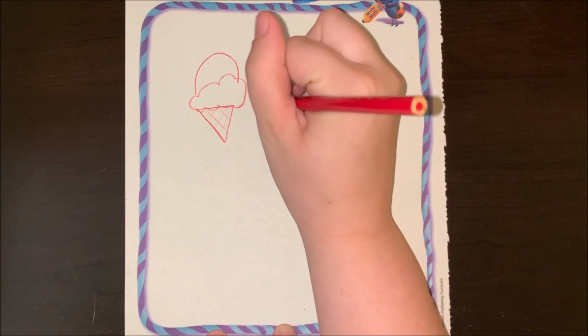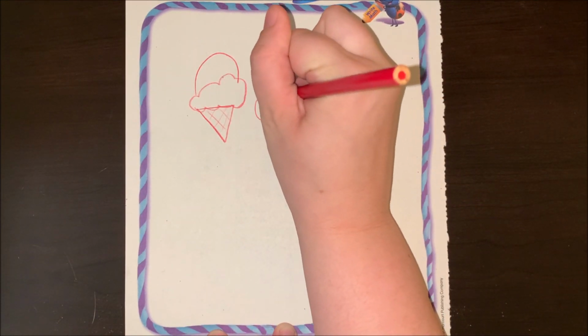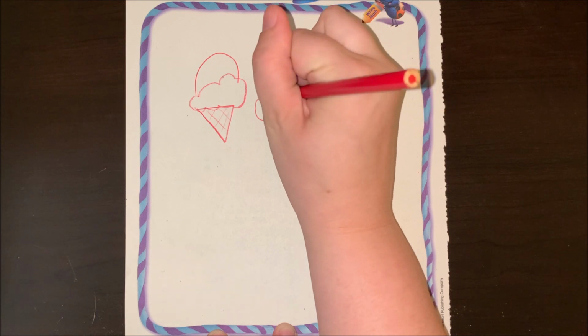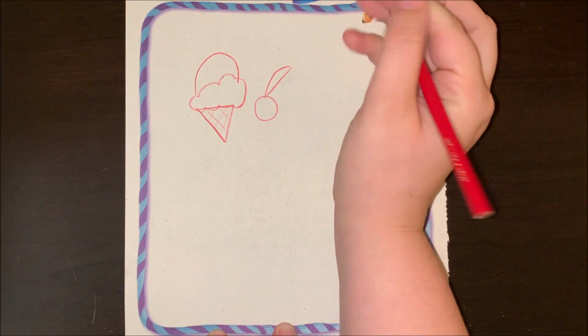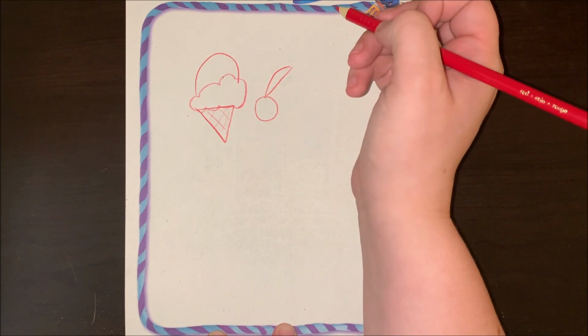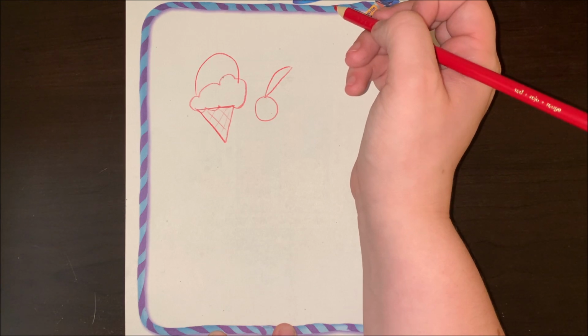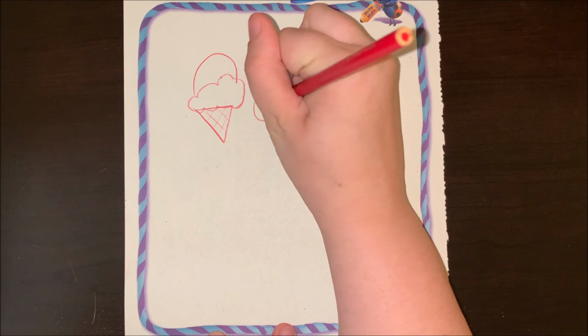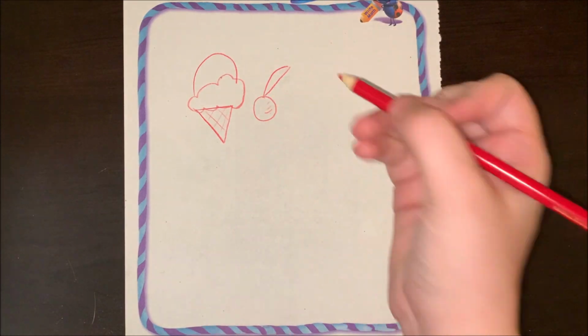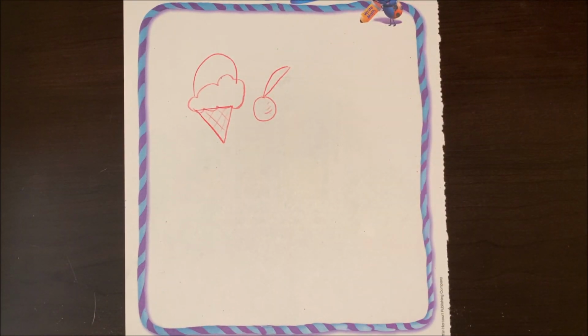Yeah, a cherry. So I'm gonna draw a cherry next to, I just realized I don't think I know what a cherry stem looks like. That's okay. And I'm adding these little lines so that you know that it is a sphere and not just a circle.